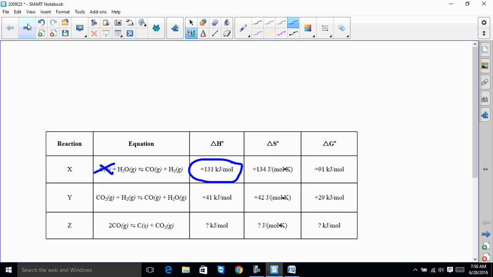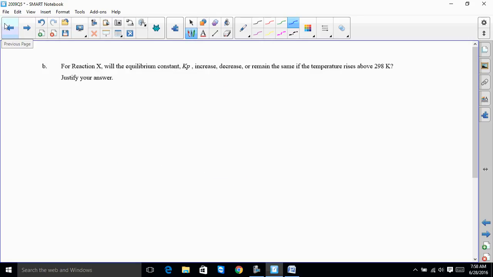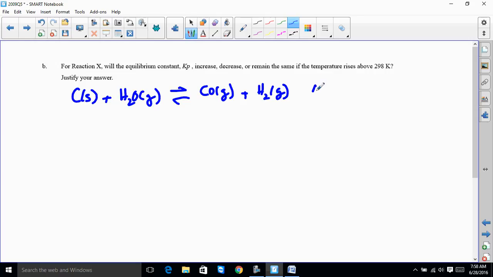So first of all, when we go here, we have this reaction X, which is C solid plus H2O gas goes to CO gas plus H2 gas. They told you that delta H was positive. The number doesn't really matter. It's 131 kilojoules per mole.